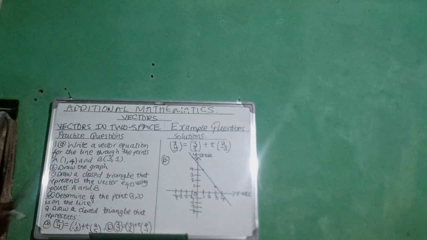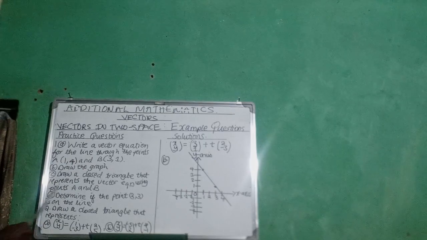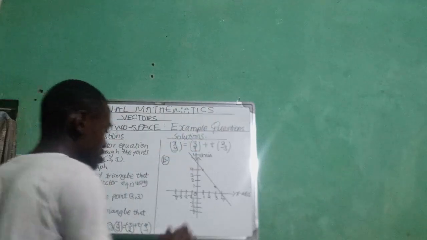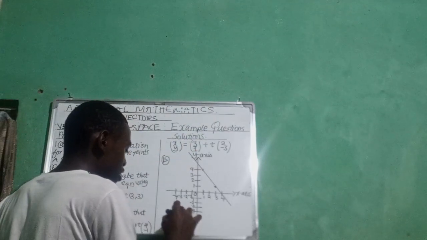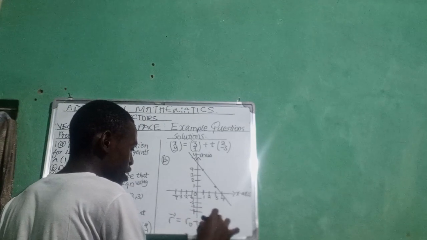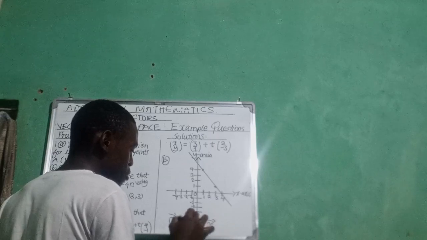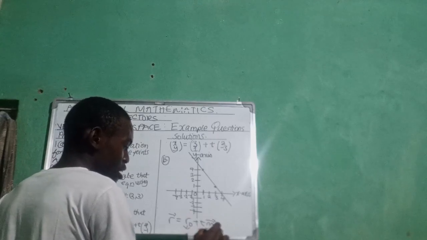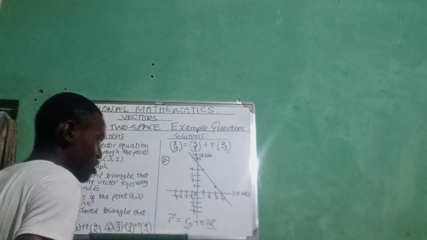Then question C says, draw a closed triangle that represents the vector equation using points A and B. So the formula for the vector equation is, for example, we have vector R equal to R naught plus t times direction vector M. R naught represents the position vector, and M represents the direction vector.